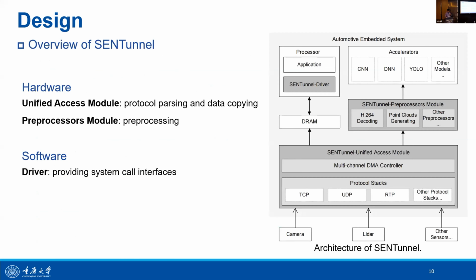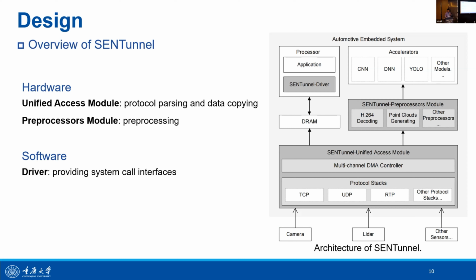This picture shows the architecture of Sentinel. We try to offload the protocol stacks and the preprocessing drivers in Sentinel. In this picture, various sensors are data sources, and the processor or customized accelerators are the end of data paths.